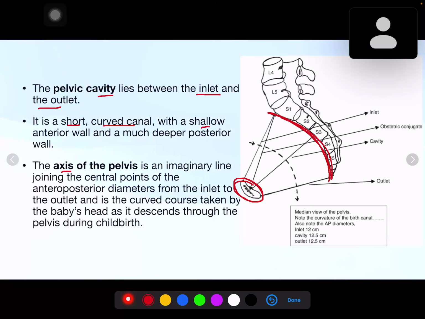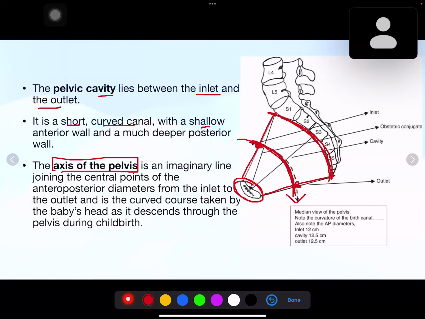Now, what is the axis of pelvis? If you say this is the pelvic inlet and you take the center point of this inlet and the center point of this outlet, and draw an imaginary line through these center points, then it would be the axis of the pelvic cavity.